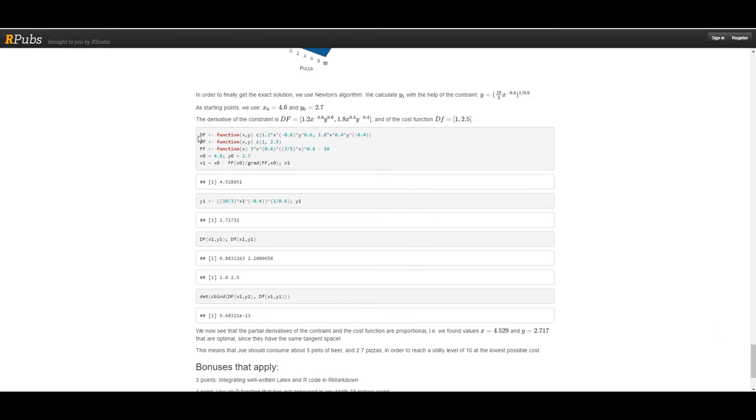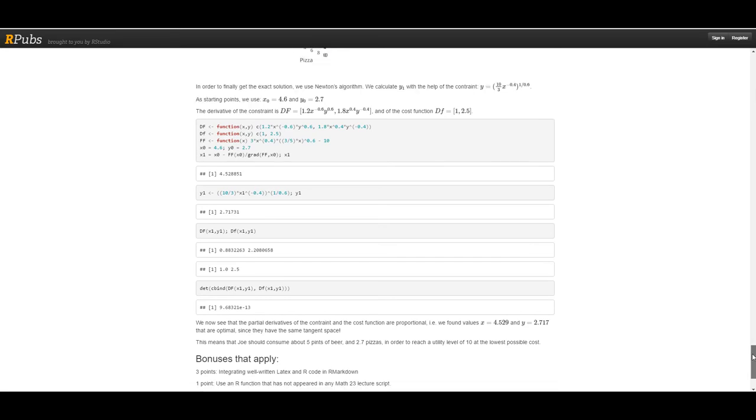We then plug this into the algorithm of Newton's method, and after one iteration we get the following values: he should consume 4.528 beers and 2.71 or 2.72 pizzas in order to meet the utility level of 10 at the lowest possible cost.